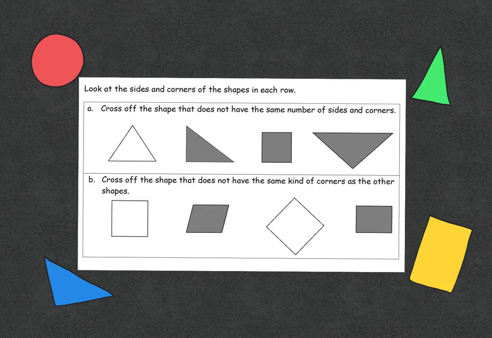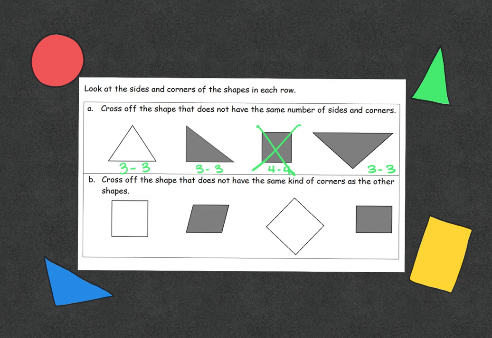We know that each triangle has 3 sides and 3 corners. We also know that each square has 4 sides and 4 corners. Therefore, the square is the shape that does not have the same number of sides and corners. So we would cross off the square.